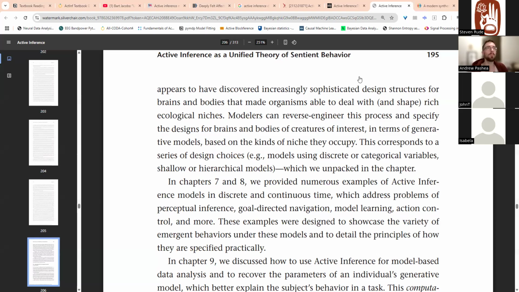Saying that the brain can be reverse engineered, I just assume that means an approximation of the architecture can be created based on this framework.